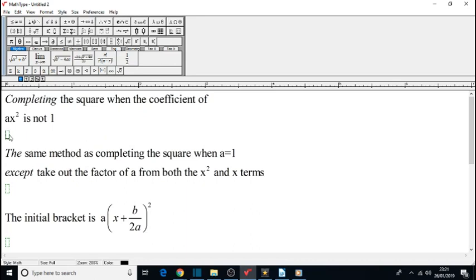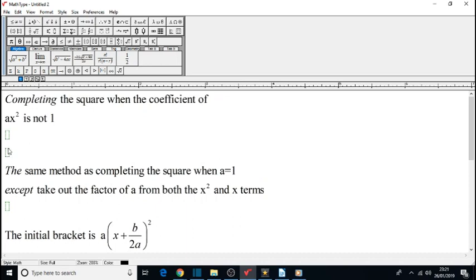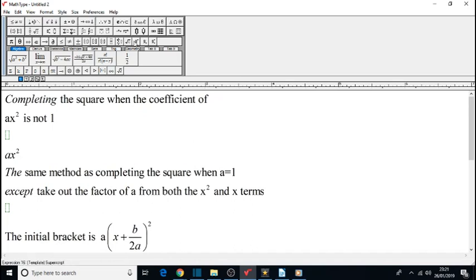As you may have seen in my previous video on solving quadratic equations by completing the square, we were solving it when the quadratic is in the form ax squared plus bx plus c, and a was equal to 1. So technically it was just in the form of x squared plus bx plus c, because then a would be 1.